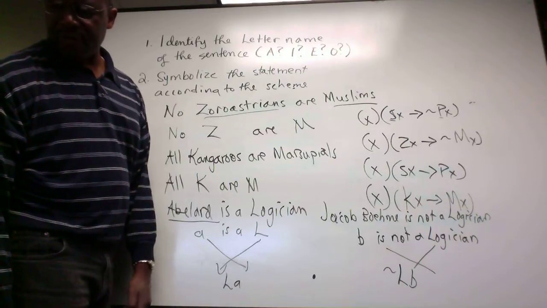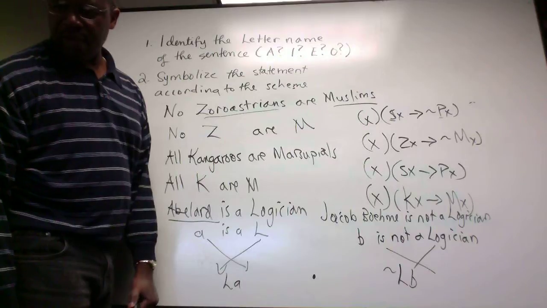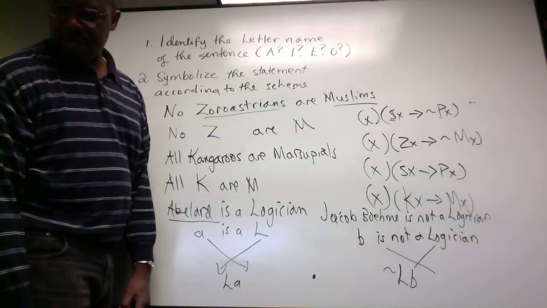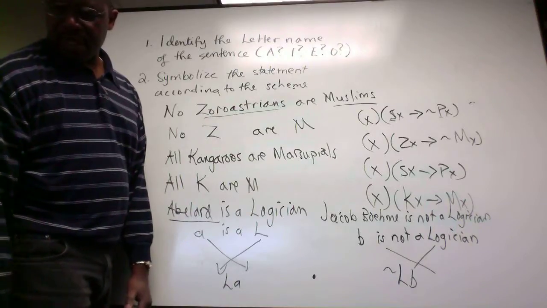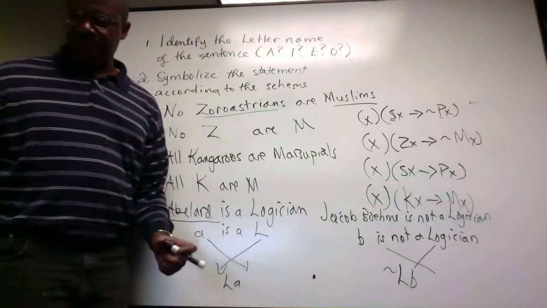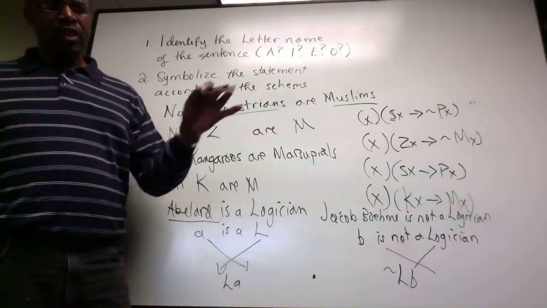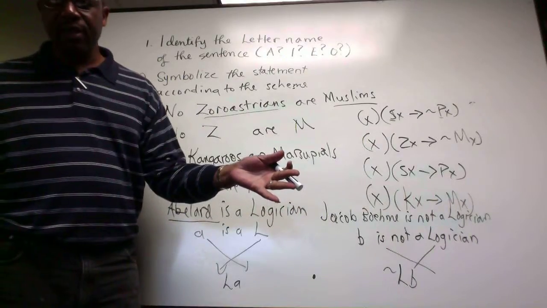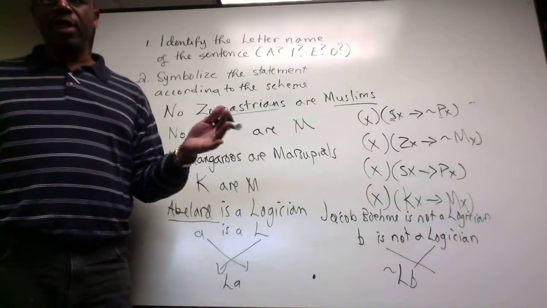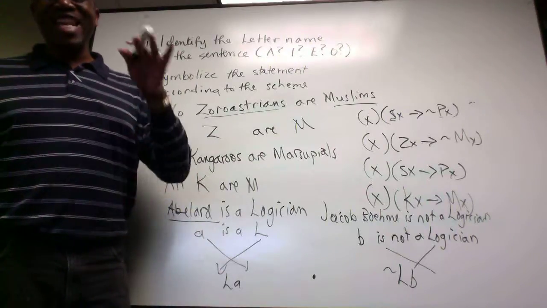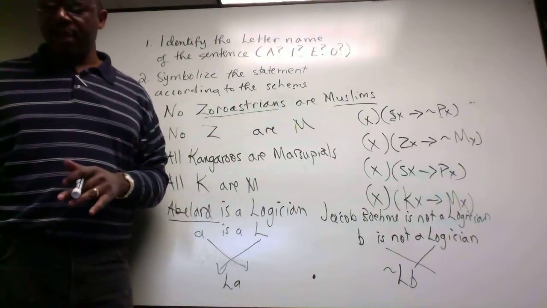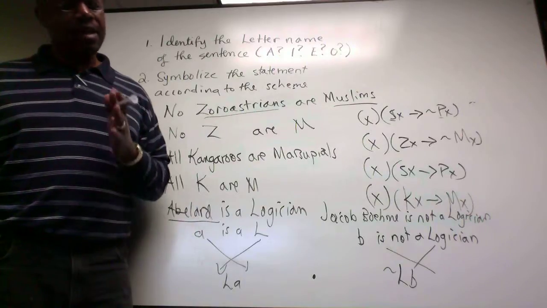Number 5, nothing is right. Does that say not everything is right, or does it say you will not find anything that is right? I think it's saying the latter.